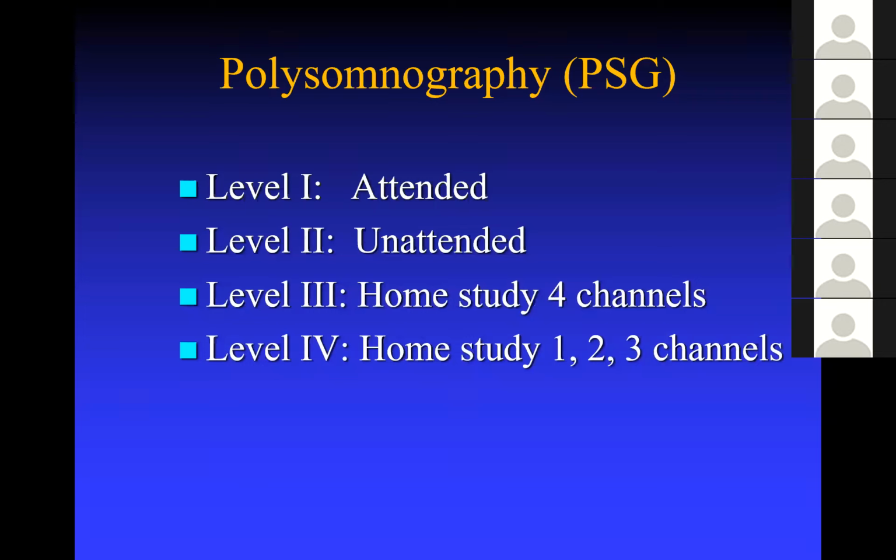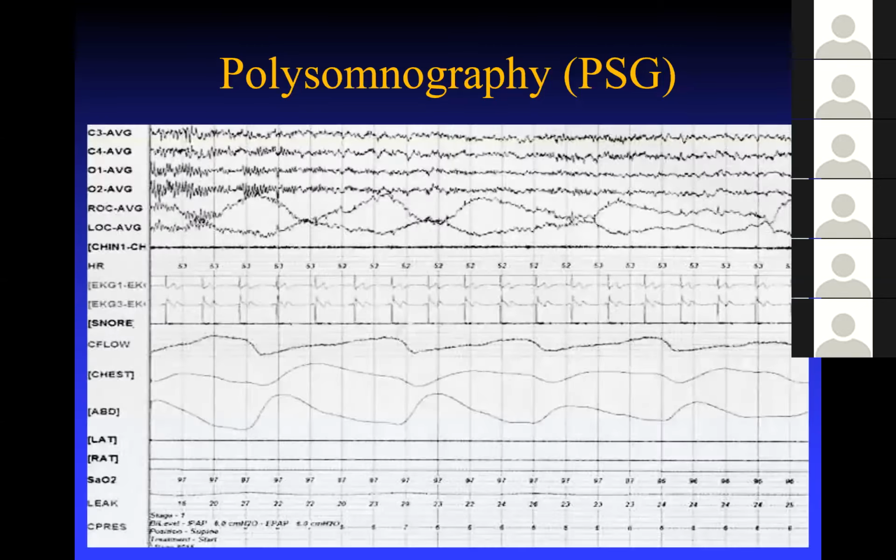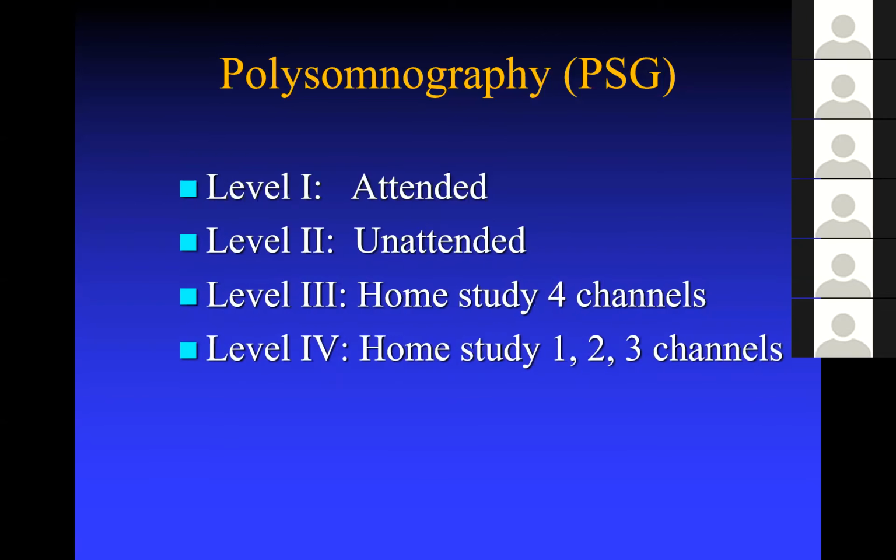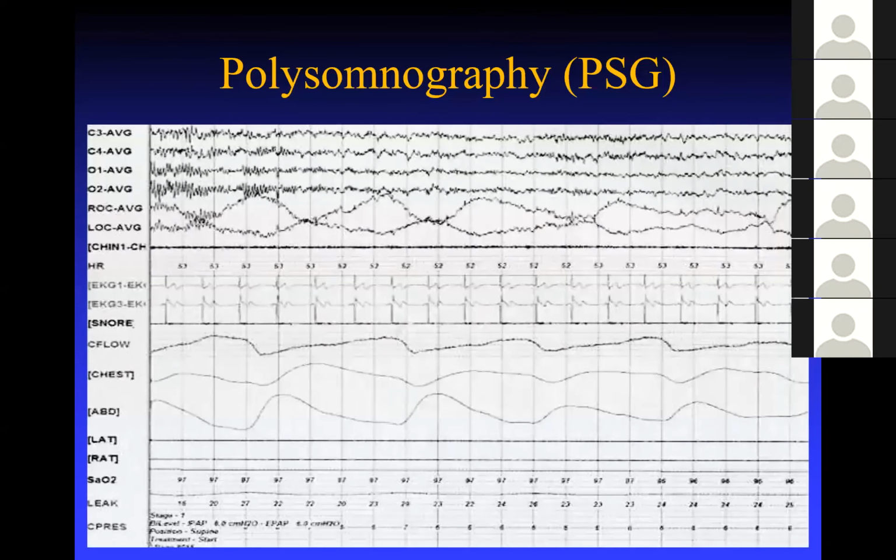It doesn't look at any of the other things an in-lab study would look at, like seizure disorder, REM behavior disorder, and so forth. Level 4 is a home study, basically a sat monitor, an overnight recorded sat monitor, which is not really helpful for diagnosing obstructive sleep apnea. And if it's positive, then you still need a sleep test.